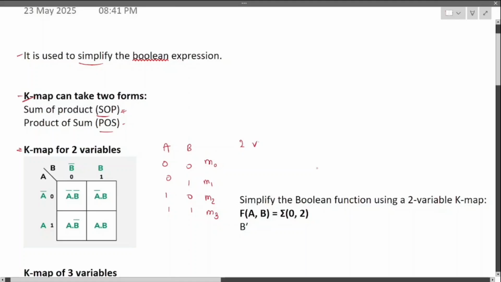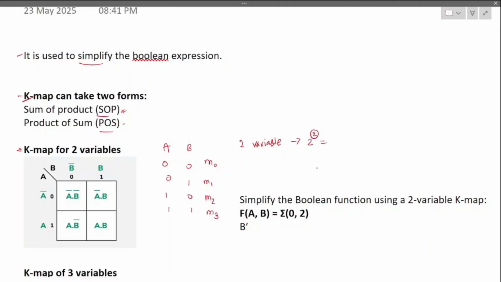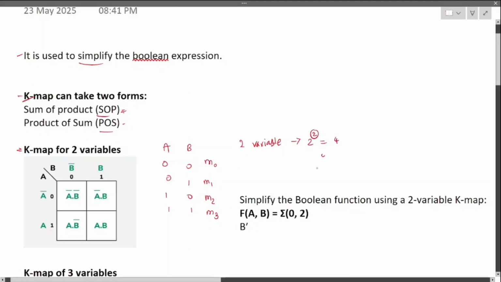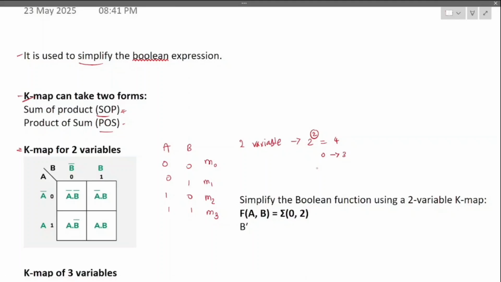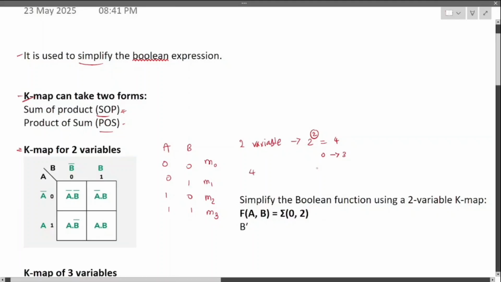For two variables, the number of possibilities or minterms is 2 power 2, which is 4. It varies from 0 to 3. So hence we require a 4-cell KMap.